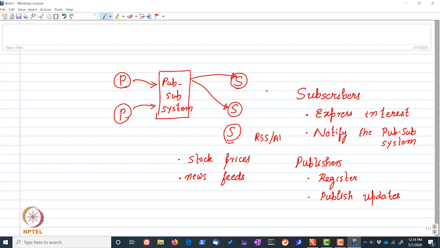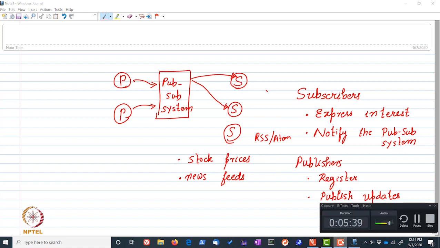You would see RSS or Atom links with popular news websites. In this case, I can take an RSS feed reader, like an aggregator, for example, and then whenever there is an RSS update, that will be shown to me. Whenever there is a new news story, that will be shown to me.